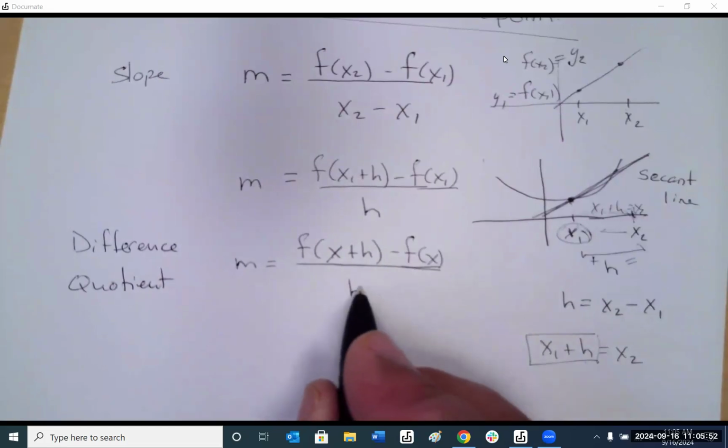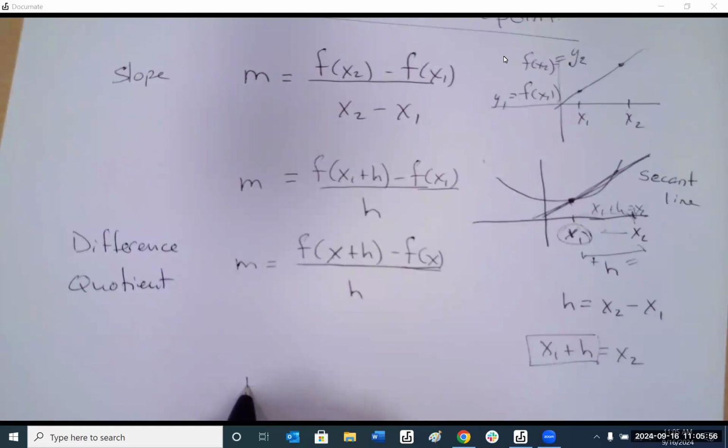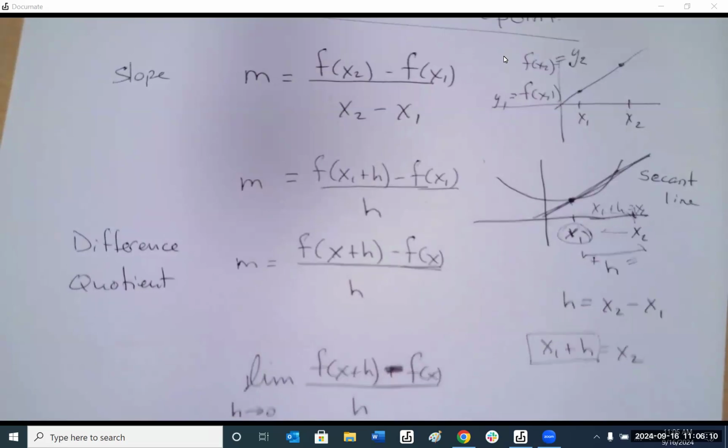So we need to see, how do we make h go to 0? So we take the limit of this function, f of x plus h minus f of x over h, as h goes to 0.